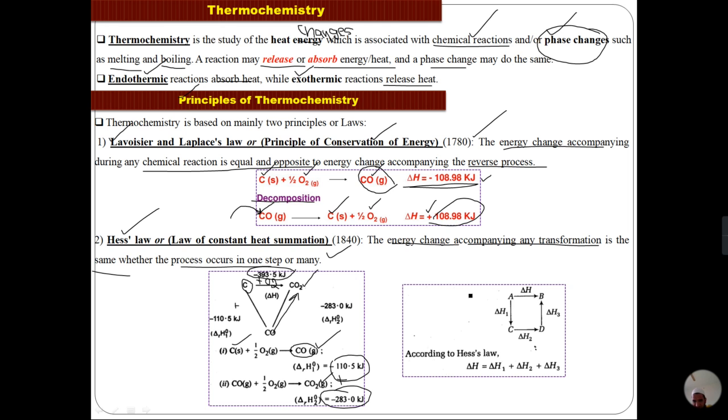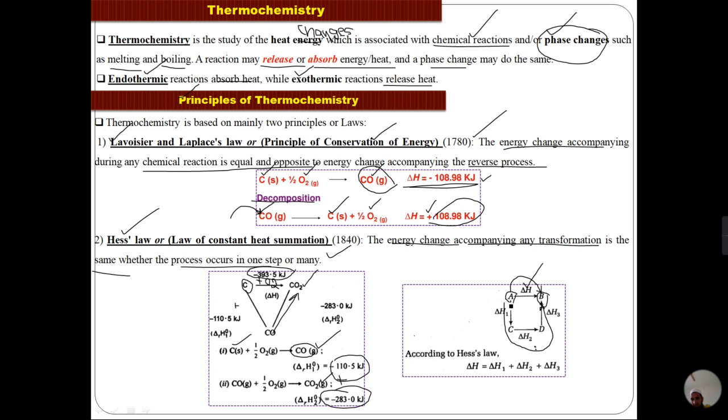Let's look at this diagram. We are converting a substance A into substance B, the product B. This is accompanied by release of heat, that is delta H. Now we want to do the same process this way.